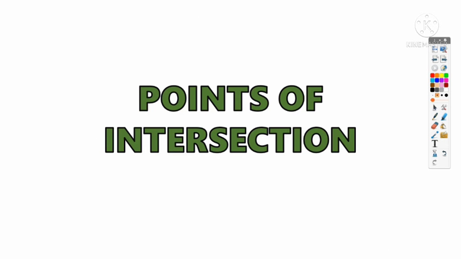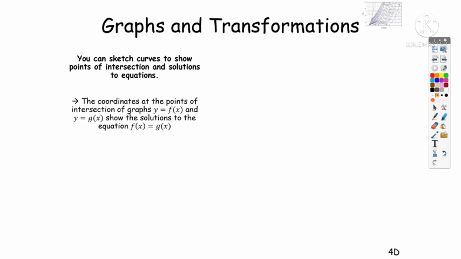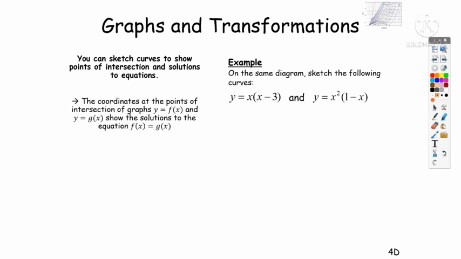So, points of intersection then. Getting closer and closer to the end of this video. So, you can sketch curves to show points of intersection and solutions to equations. On the same diagram, sketch the following curves: y equals x times x minus 3, and y equals x squared times 1 over 1 minus x, let's say.